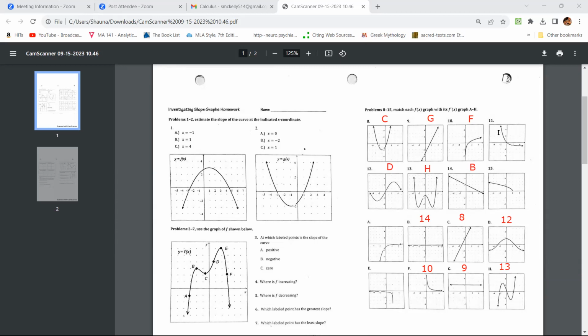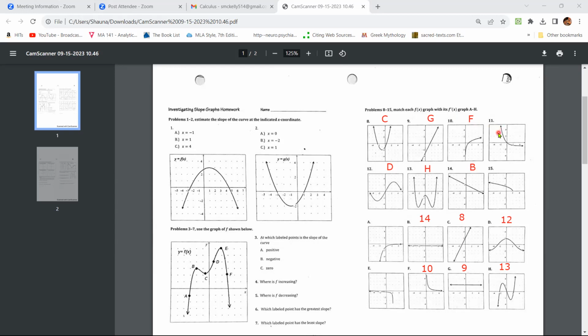Now think about what's happening to the slope of your tangent line. On number 11, this function is always decreasing, right? What's happening to the slope of my tangent line? What's the slope of the tangent right here?